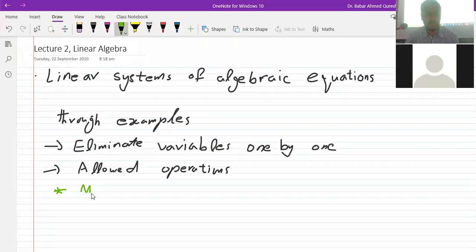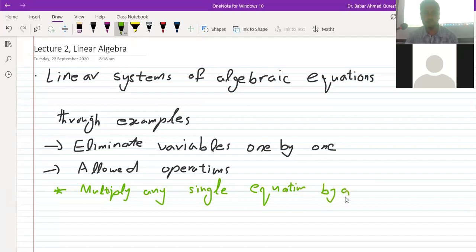You can multiply one single equation, any single equation. So in the system, you have many equations. You are allowed to multiply any single one of them or any number of them by a number, right? Everyone knows that. Then we are also allowed to add one equation to another.